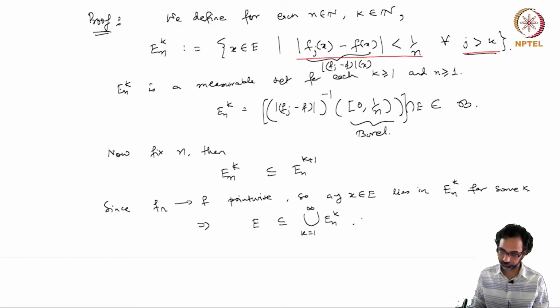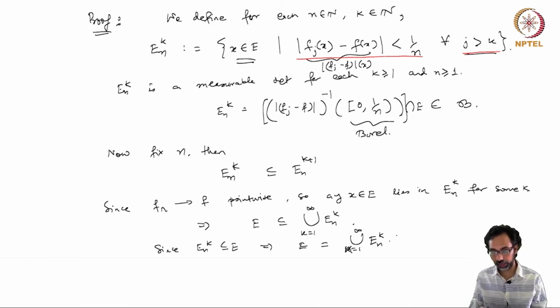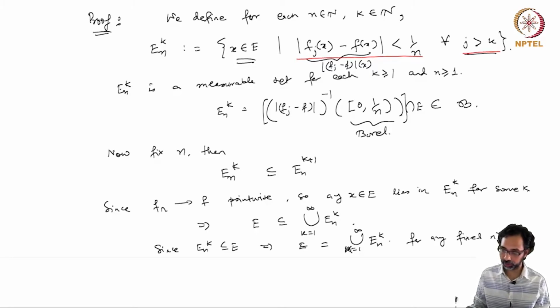And since E_{n,k} is a subset of E, by definition we are only taking points in E, which implies that E is actually equal to the union of all these sets E_{n,k}. So this is for any fixed n greater than or equal to 1.